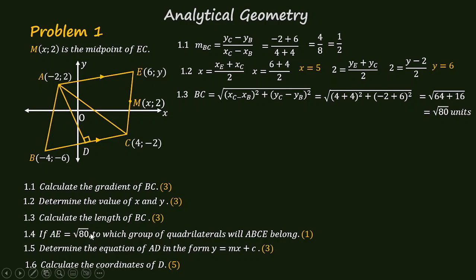So the opposite sides are equal in length, and they are parallel to each other. By just looking at this shape, it can be a rectangle. You can tell that this can only qualify to be a parallelogram with the opposite sides parallel to each other and also equal in length. So this could be a parallelogram.